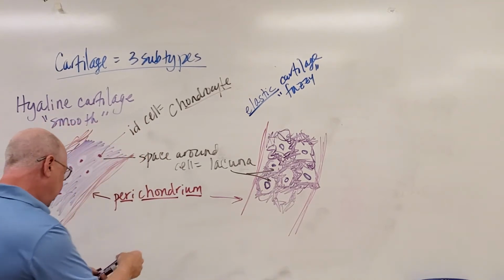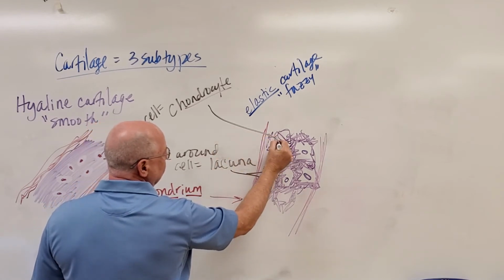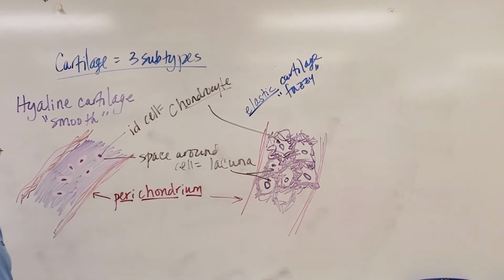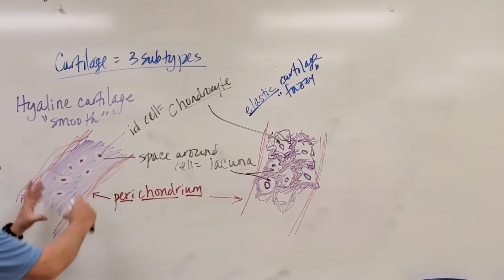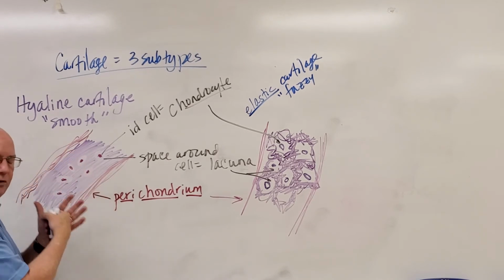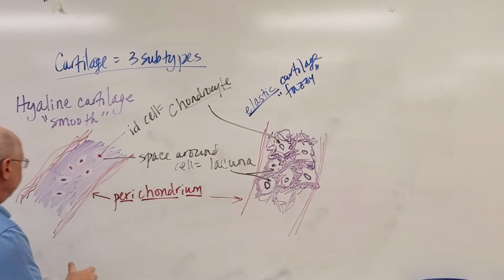And if I ask you to ID the cell, the cells inside that lacuna are each called a chondrocyte. So I have the exact same questions. It's just the appearance of the matrix. One is more squishy and found in places where we want cushioning. The other one's more elastic and flexible. So we call this hyaline cartilage and elastic cartilage.